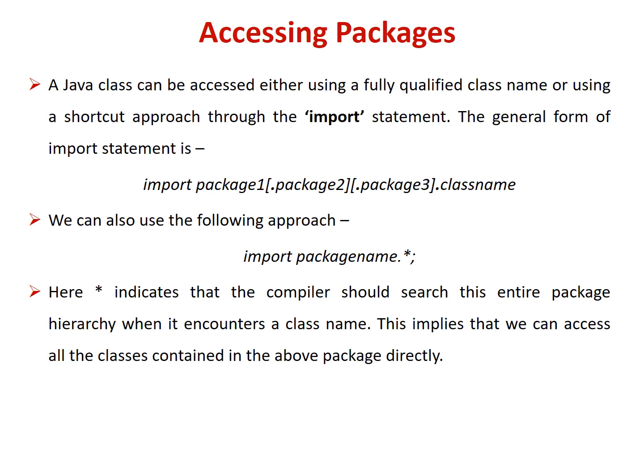We can also use the following approach, that is import package name dot star. Here, the asterisk indicates that the compiler should search this entire package hierarchy when it encounters a class name. This implies that we can access all the classes contained in the above package directly.